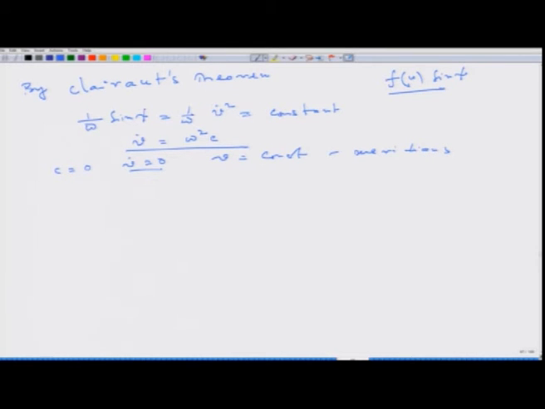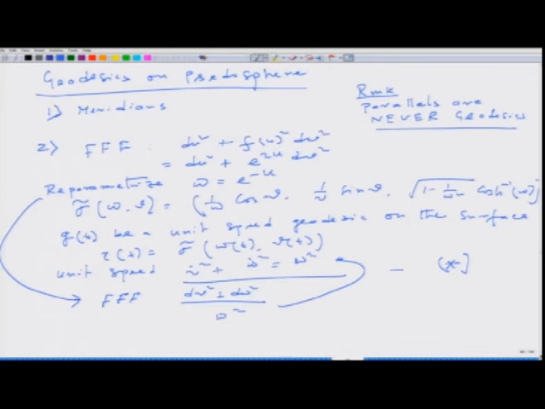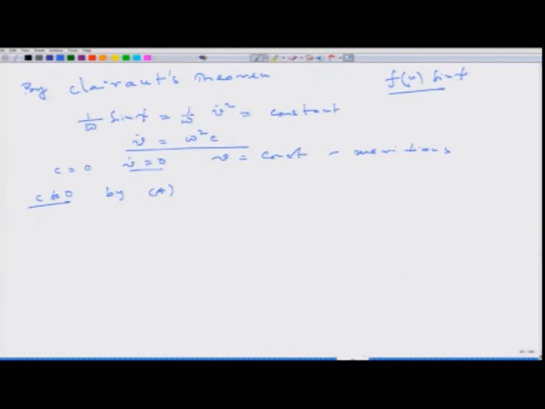Okay. Now, c not equal to 0, then by star, what was star? This fellow, I get w dot equal to plus minus w square root of 1 minus c square w square.